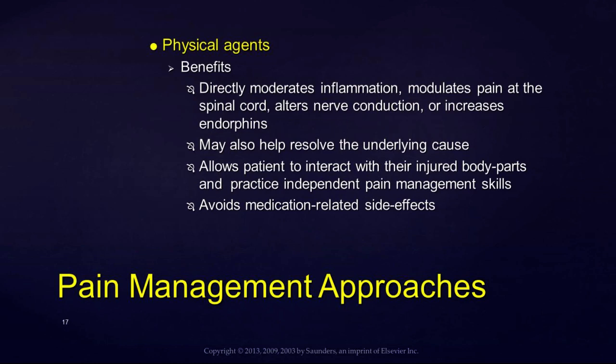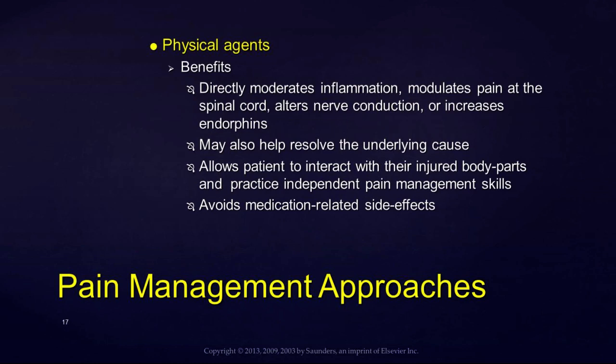There are some physical agents, some E-stim applications, that increase endorphins, and so you can start to stimulate that top-down pain management. The physical agents may also help to resolve the underlying cause. So ultrasound, for one example, can increase vascularization.